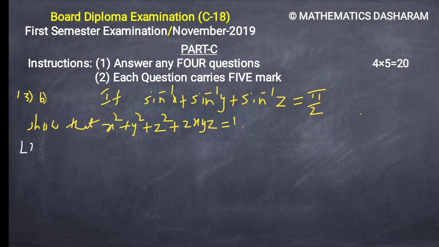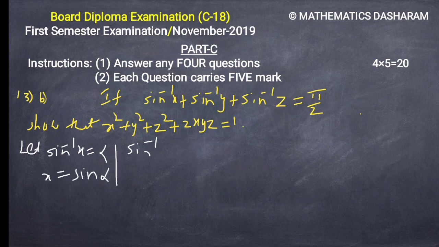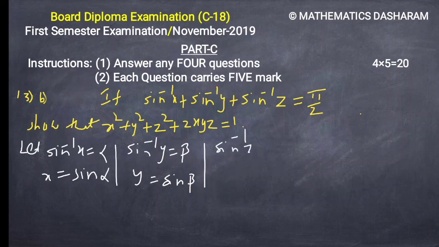So let sin inverse x equal alpha, then x equals sin alpha. Next, sin inverse y equals beta, so y equals sin beta. Next, sin inverse z equals gamma, then z equals sin gamma.